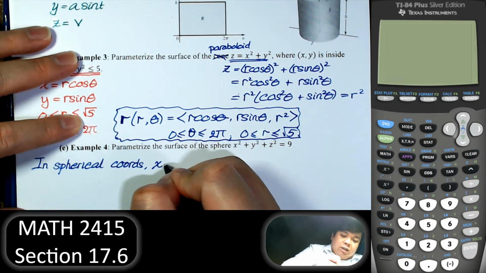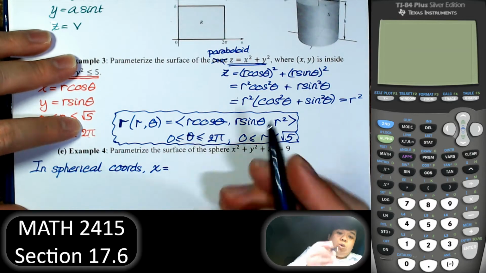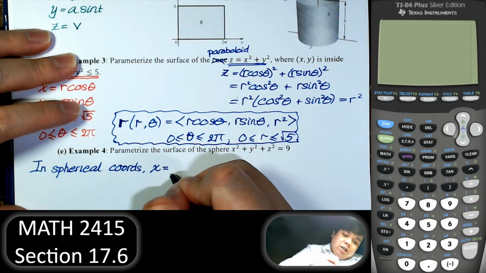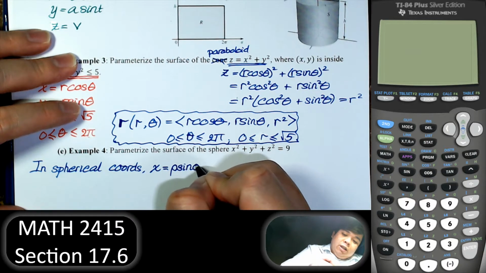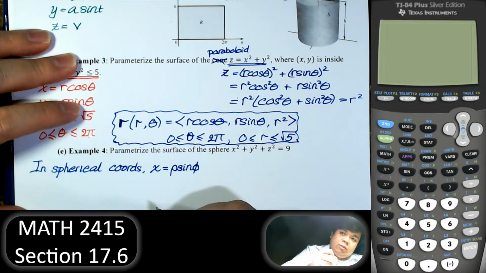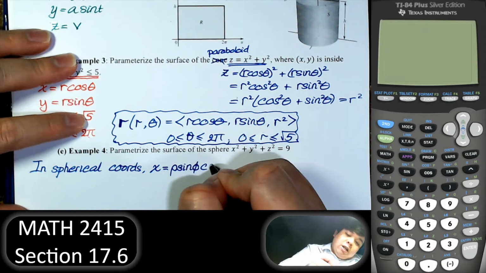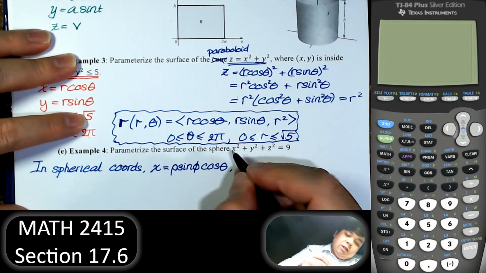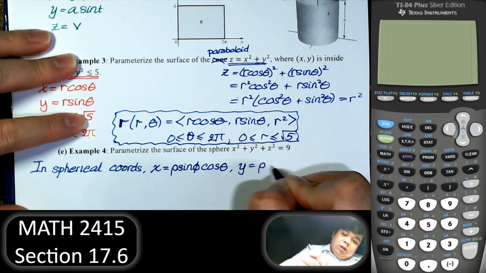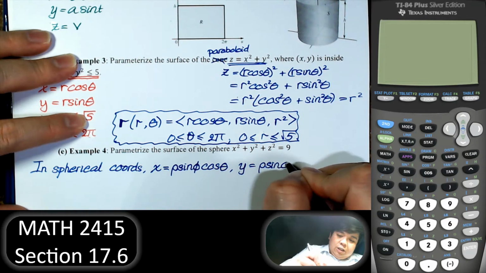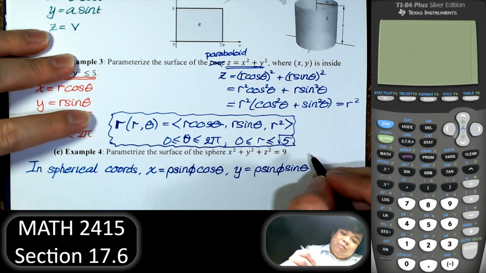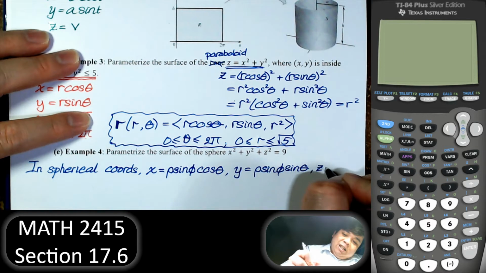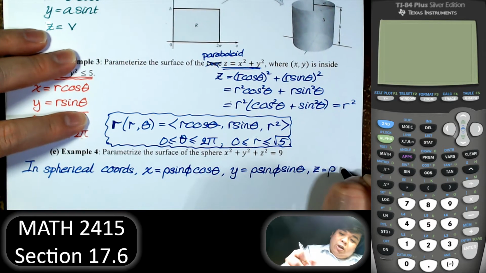So we recall in spherical coordinates, we have x equal to rho sine phi cosine theta, y equal to rho sine phi sine theta, and z equal to rho cosine phi.